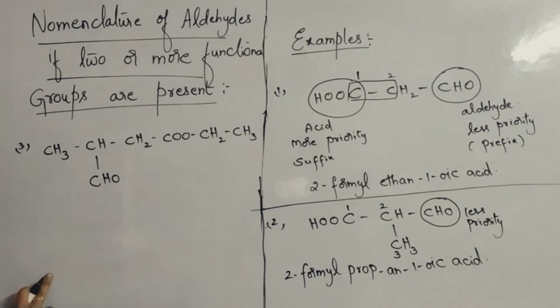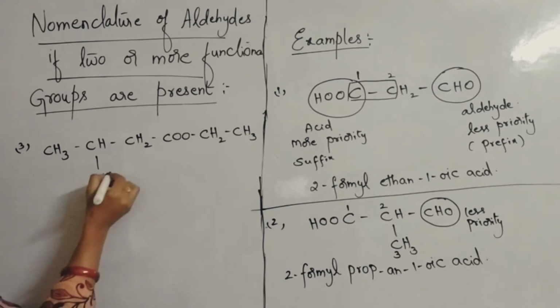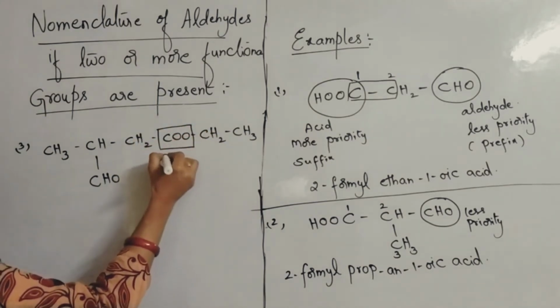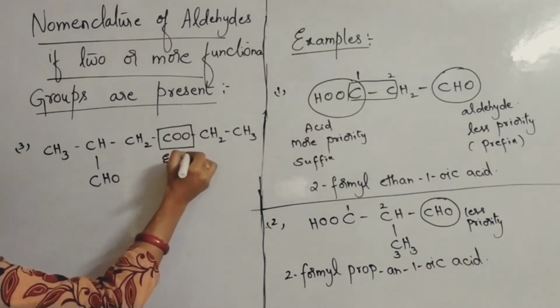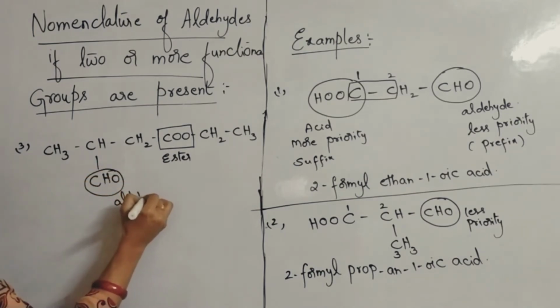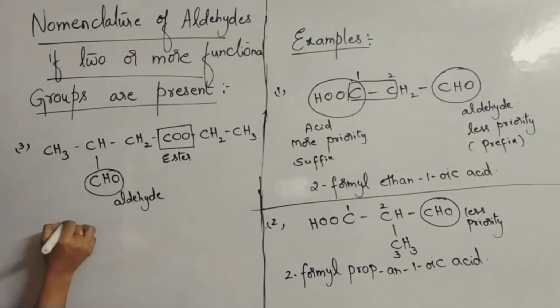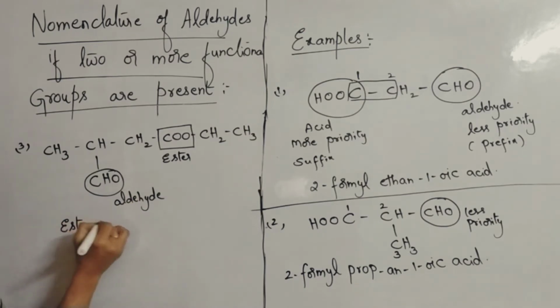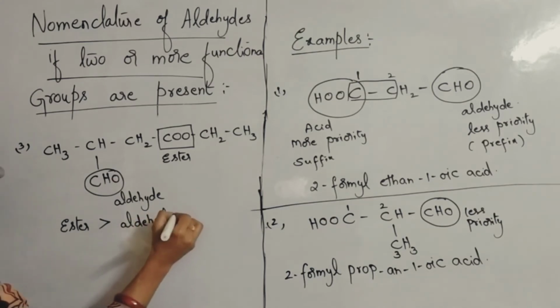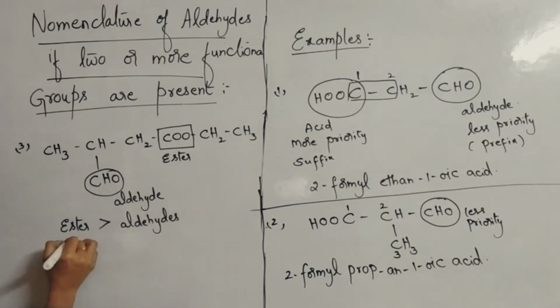Please try to understand carefully. Here also you are finding 2 functional groups. This is ester functional group, and this is what? Aldehyde functional group. And we have learnt that ester is having more priority than aldehyde. So for esters you will be giving suffix.